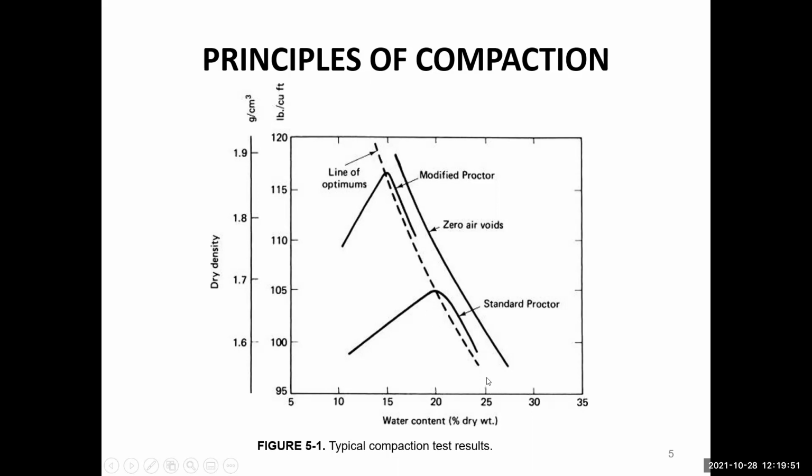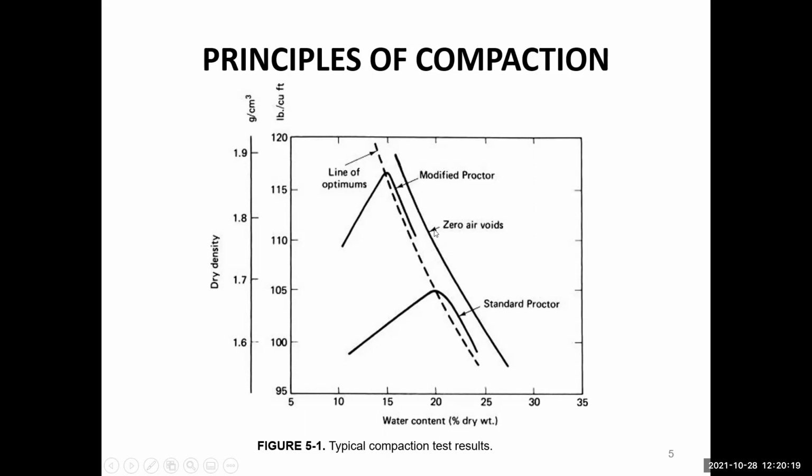So you can see that with the increasing effort, we will get the higher dry density. The line of optimums will decrease. That means we will get the higher density at a lesser and lesser optimum level.